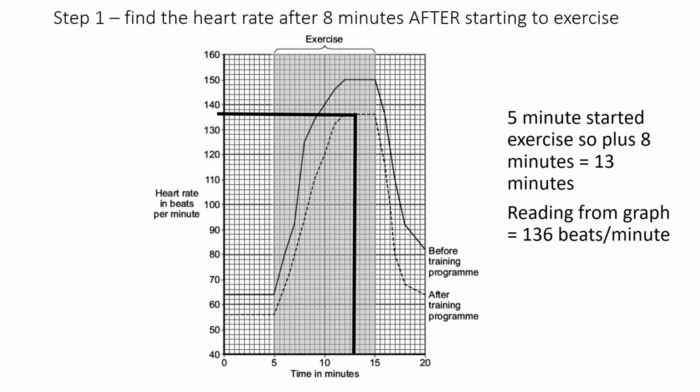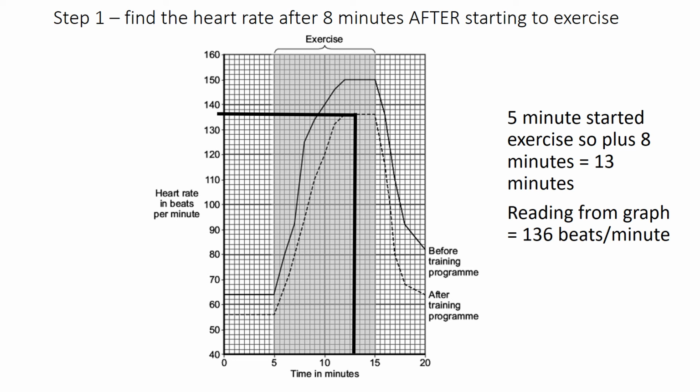So I've gone to the first graph. This is step 1. I've gone to the first graph, which is figure 2, and I need to find the heart rate after 8 minutes of exercise. If they're starting exercise at 5 minutes, 8 minutes after that will be 5 plus 8, so it's going to be 13 minutes.